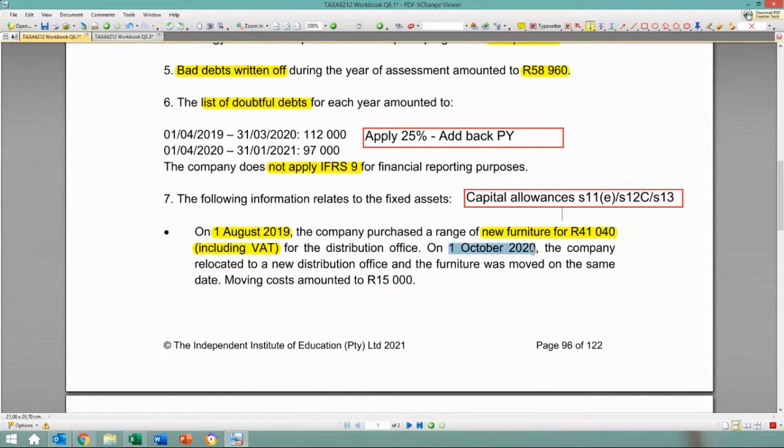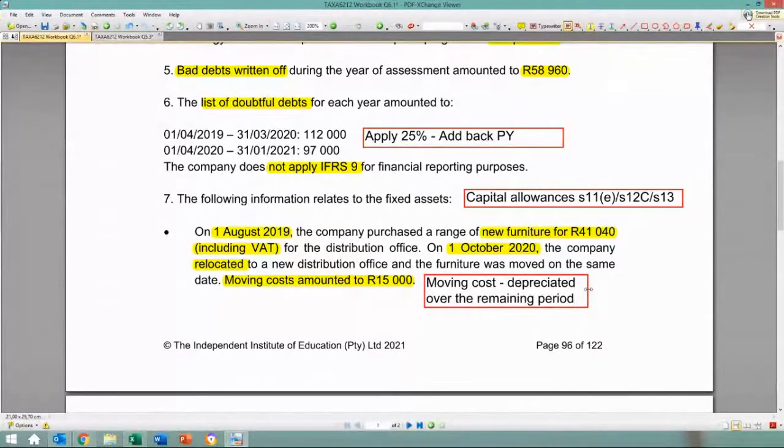Then on the 1st of October 2020, we relocated the furniture and we incurred moving cost of 15,000. Now, what we do for moving costs is the moving cost would then be depreciated over the remaining period.